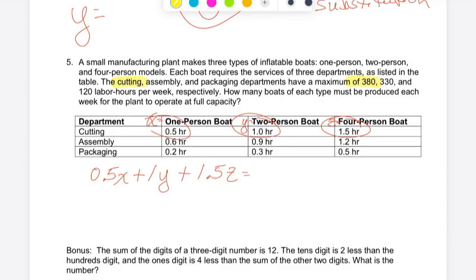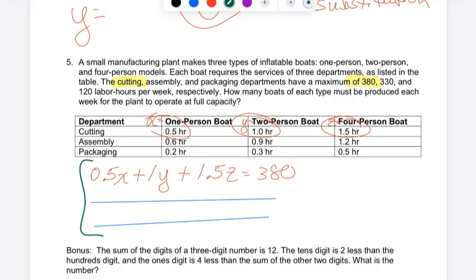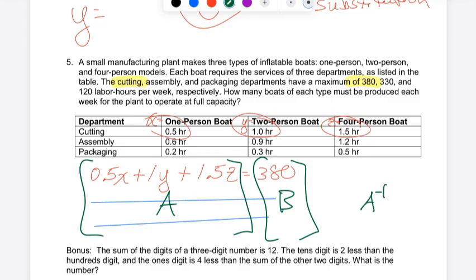It says respectively, so cutting goes with 380. You're going to continue building 2 other equations using this same style. Once you make them, I would definitely solve this using the matrix method. Remember, you have to have a matrix A and a matrix B, and you want to use A inverse times B.